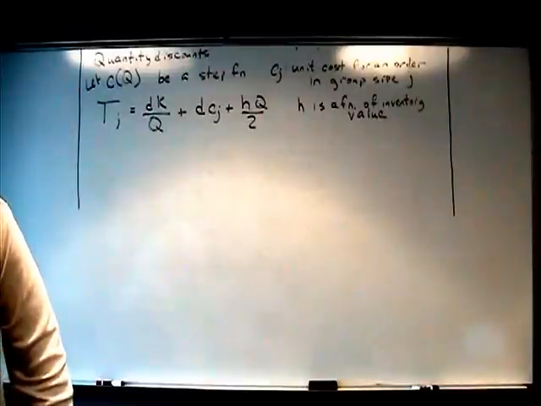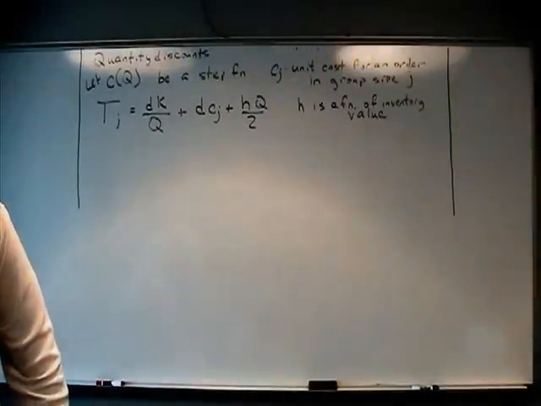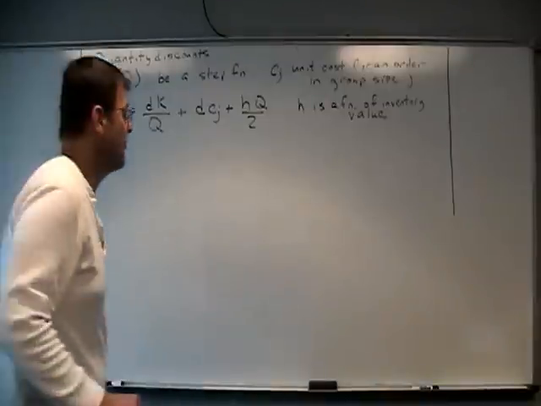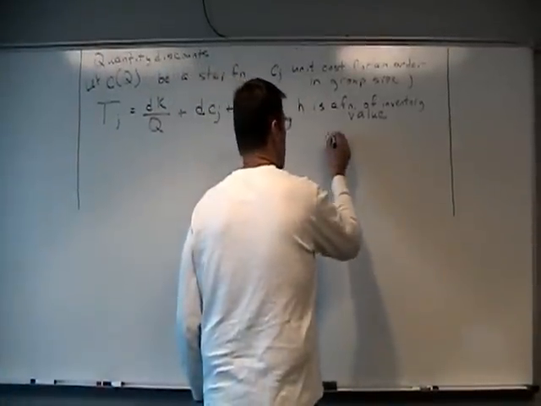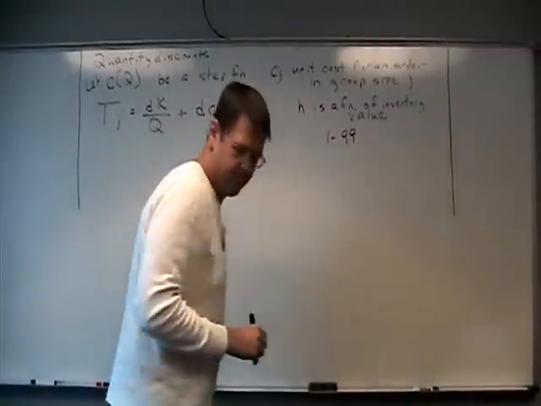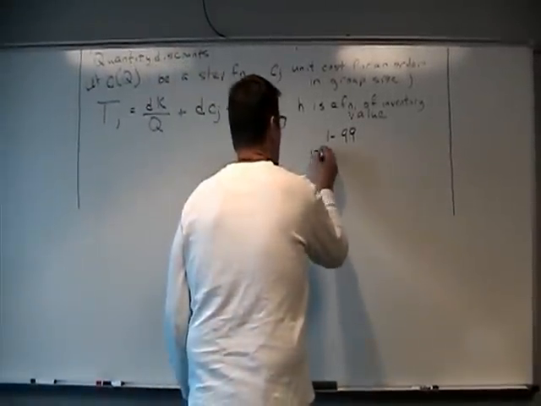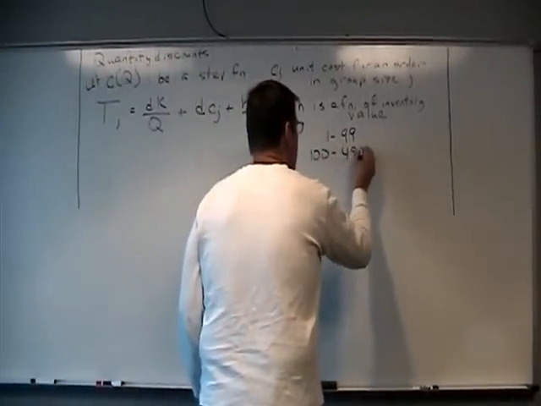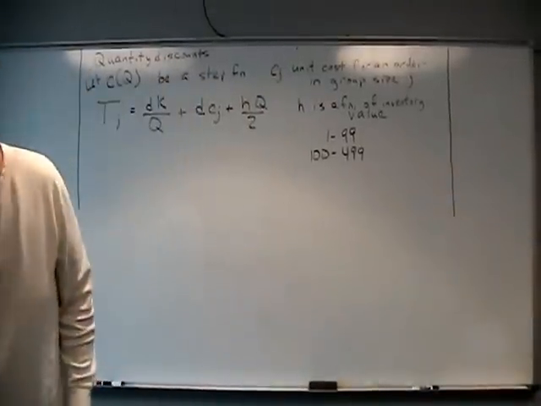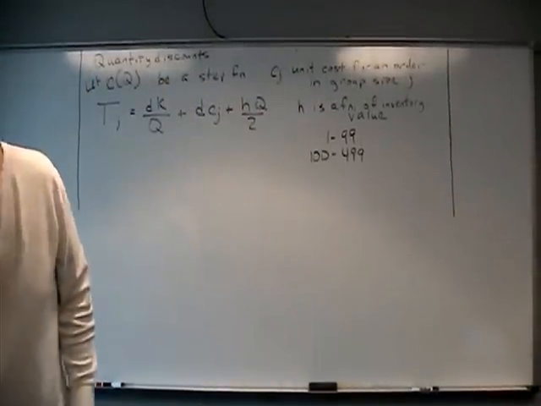So, as far as the three levels are concerned, the levels are 1 to 99, 100 to 499, and 500 or more.